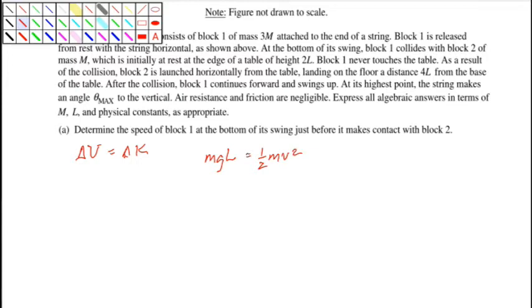So the m's cancel out, and we're left with v squared equal to 2gL, and the speed of block 1 will be v equal to root 2gL. And we're going to be using that later on in the solutions as these things move forward.